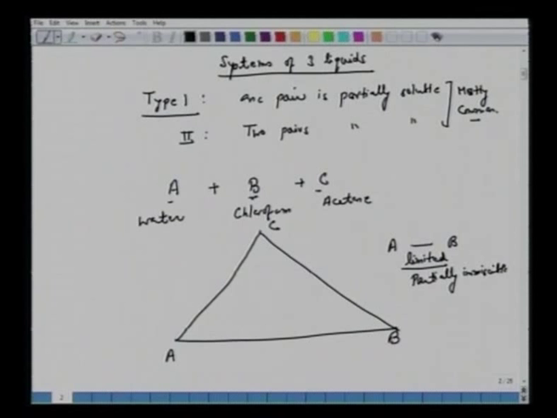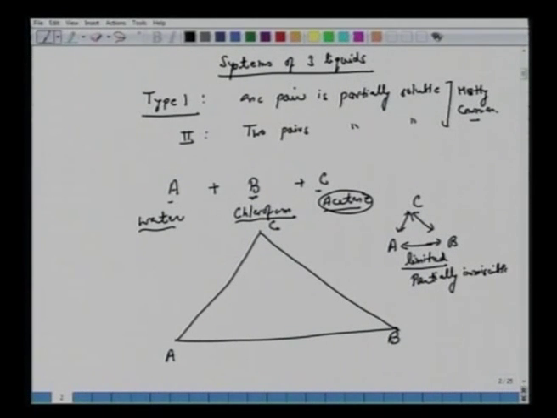So let's try to understand that water and chloroform are partially immiscible. But C, which is acetone, is completely miscible in A, and C is also completely miscible in B, which is true. Acetone and water, maybe under certain conditions, are completely miscible. Acetone is also completely miscible in chloroform.